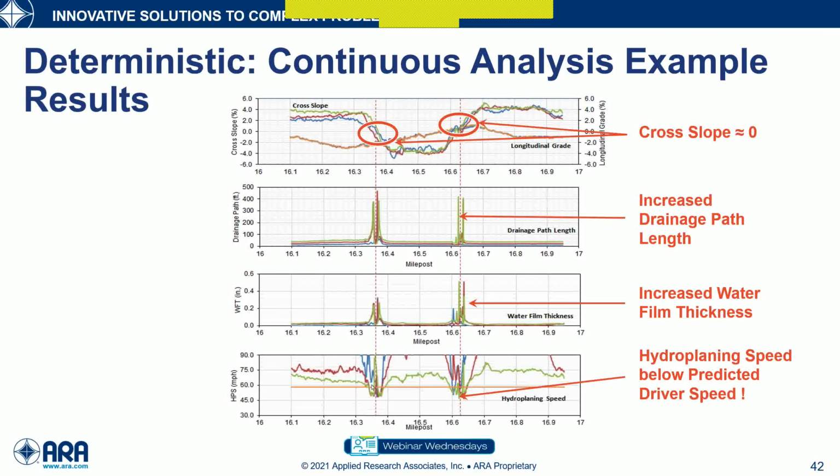And subsequently, the predicted hydroplaning speed is going to fall below the predicted driver speed, which is depicted by this orange bar right here. So this is the speed at which we expect the drivers to go, and this is how fast we can go before starting to experience hydroplaning. So in other words, the drivers are going faster than the speed at which you will experience hydroplaning, which represents an elevated risk of hydroplaning.